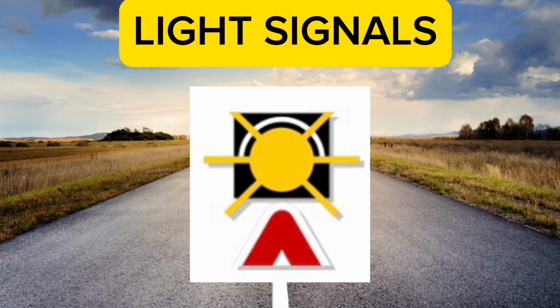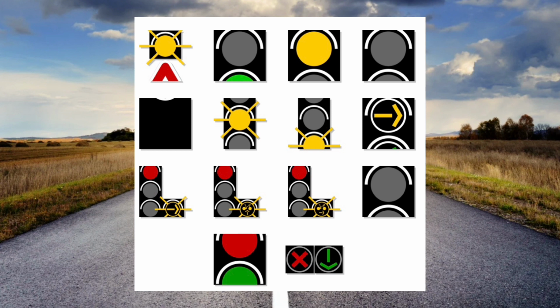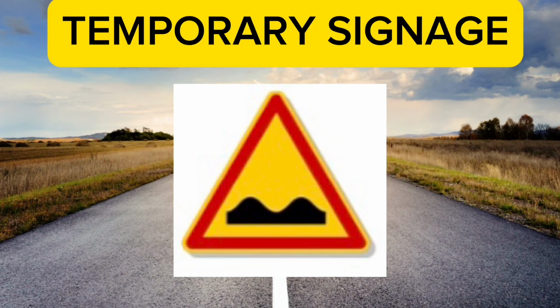Light signals. The use of light signals is intended to ensure safety and improve the fluidity of traffic. The following are the examples of different types of light signals that we have in the Code de la Route. Temporary signals. Temporary signals are used to report any temporary obstacle or danger, or to temporarily replace another signal.